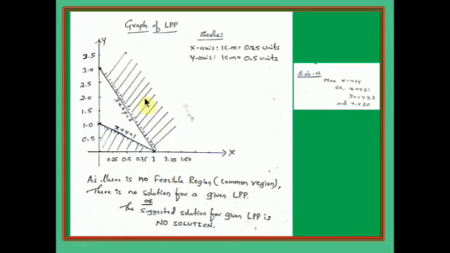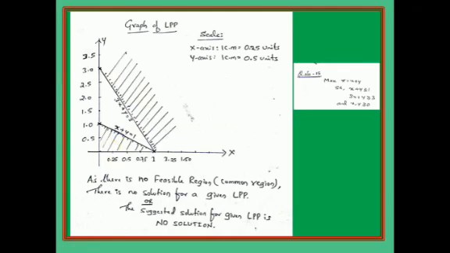Now we have to observe, is there any common region in the first quadrant? In this particular first quadrant, is there any common region which is satisfied by all the constraints? All the constraints in the sense, these two given constraints. Is any common area present?